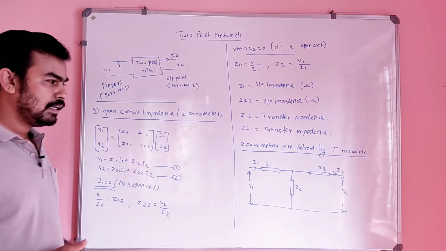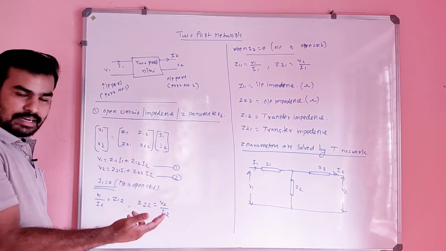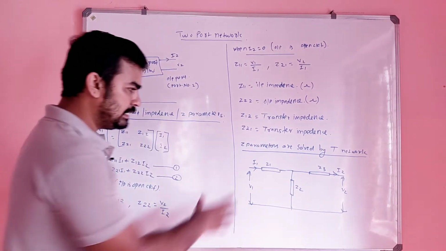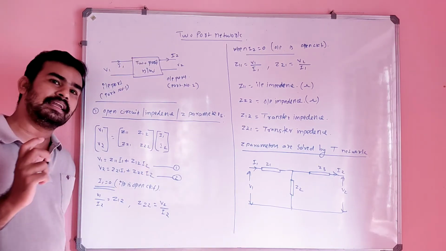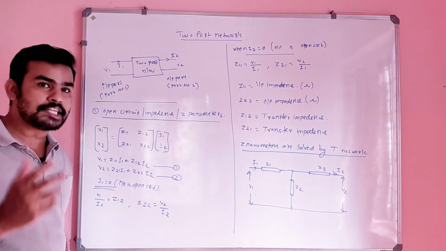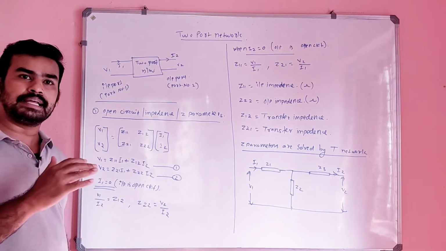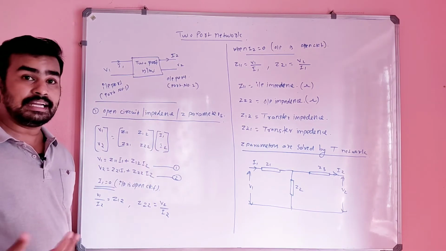That means, haven't you seen a similar thing anywhere, right? In transmission line. I think not the short transmission line, it is actually the medium transmission line. So a medium transmission line, you can represent with some input impedance, some output impedance, and one shunt impedance, also shunt capacitance, right?